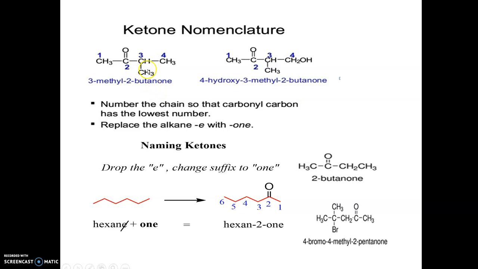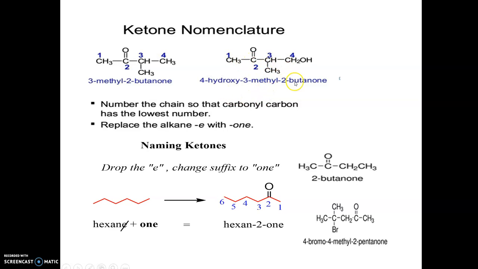Then we have an additional substituent, that is, at the third carbon atom we have a methyl, which will be added as a prefix, and hence the name of this ketone according to the IUPAC nomenclature will be 3-methyl-2-butanone.